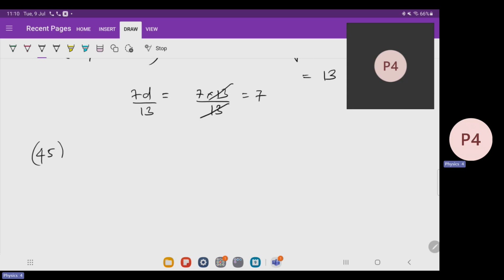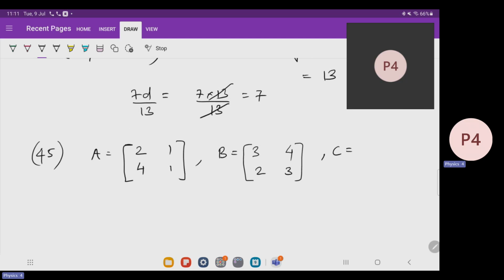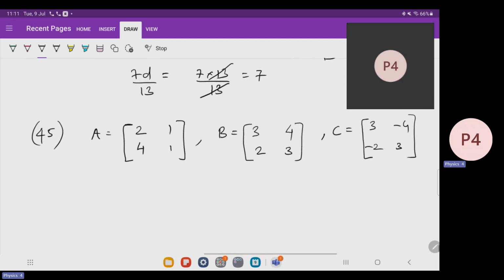Consider the matrices A is equal to [2, 4; 1, 1], B is equal to [3, 2; 4, 3], and C is equal to [3, minus 2; minus 4, 3].